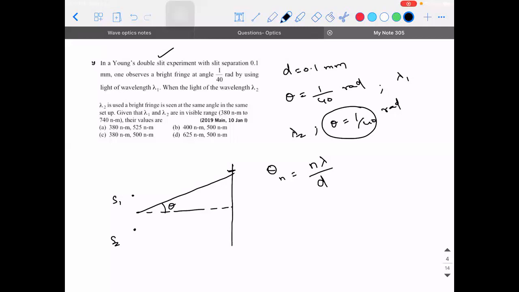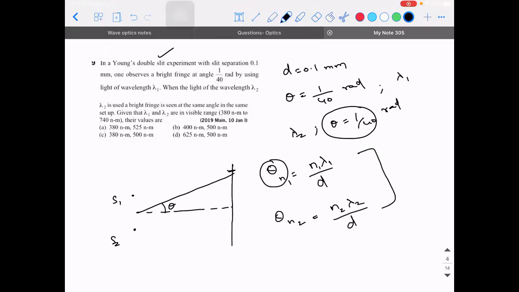Okay, small d. By using this, what are we going to do? Let's take it as n1 and n2. Theta n1 is n1 lambda 1 divided by d, and theta n2 will be equal to n2 lambda 2 divided by d.